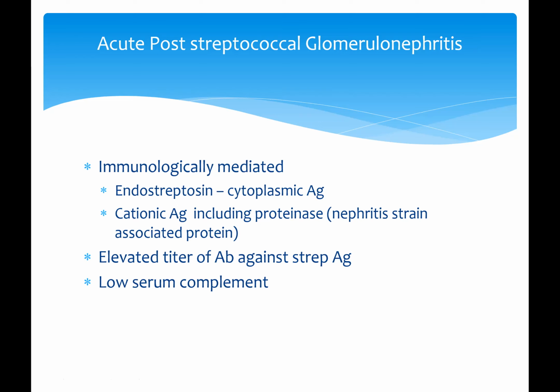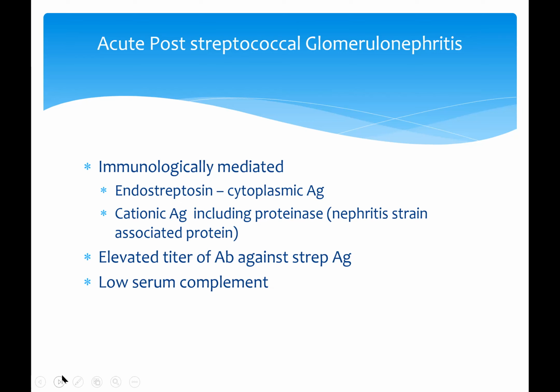Post-streptococcal glomerulonephritis usually appears as a disorder 1 to 4 weeks after infection of the pharynx or the skin. In the skin, it is what we call impetigo. So post-streptococcal glomerulonephritis, as I have mentioned, is more of nephritic.